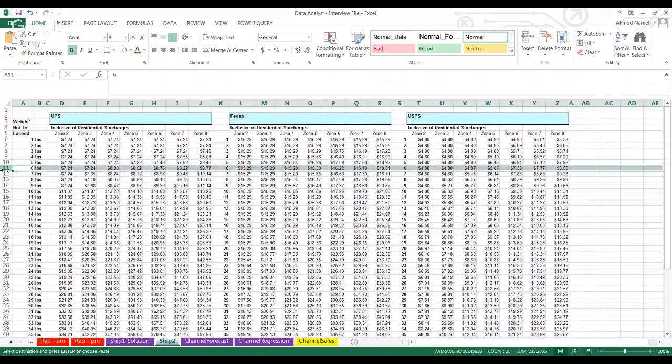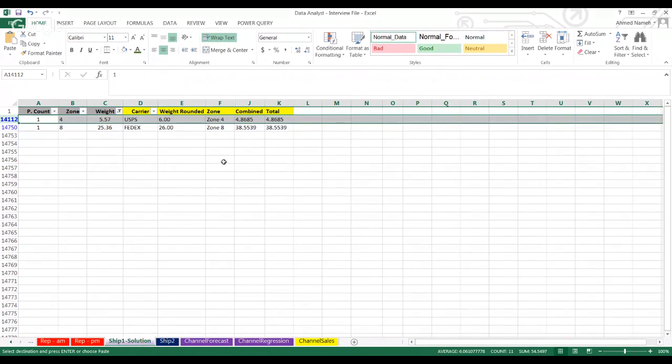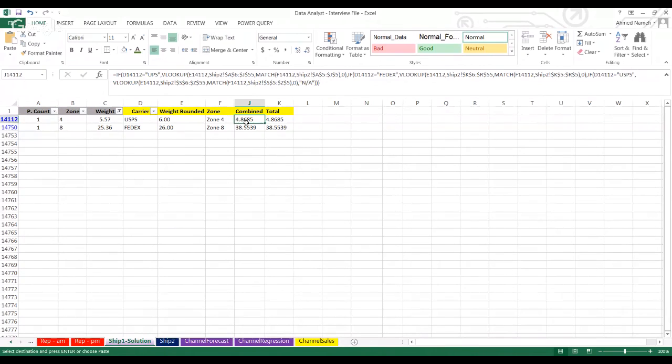So weight of 6, zone 4, USPS, 4.87, 4.87.